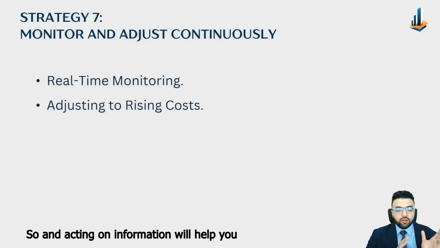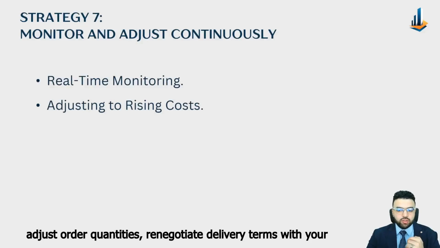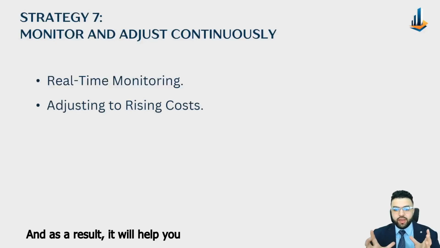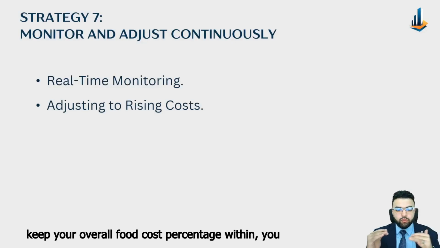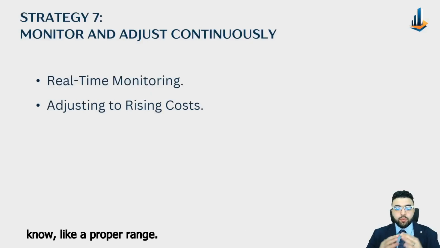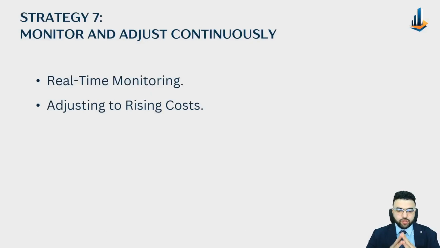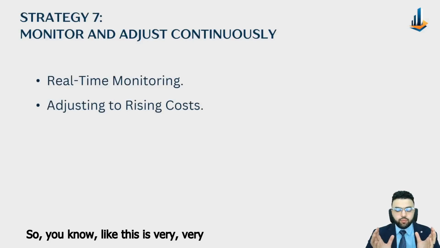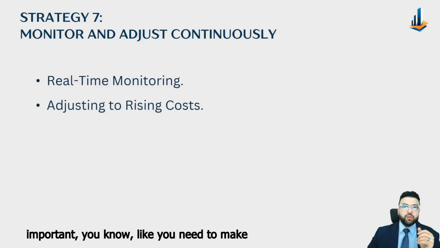And acting on information will help you adjust order quantities, renegotiate delivery terms with your suppliers, and as a result, it will help you keep your overall food cost percentage within a proper range. So this is very, very important.